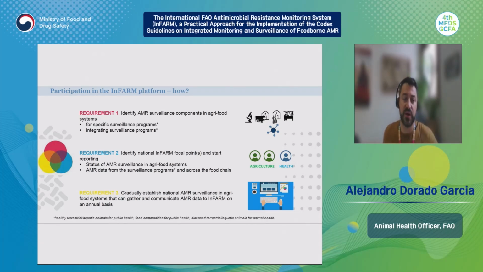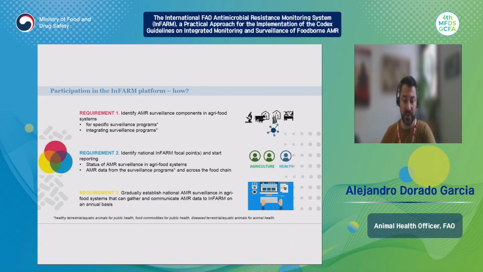In this request that we have sent to national authorities to nominate INFAM focal points, of course, we have also highlighted the manual and all the requirements to participate, but here I would like to summarize the 3 key requirements for countries to participate. The first requirement is for national authorities to sit down and identify the AMR surveillance components that they might already have in their country.